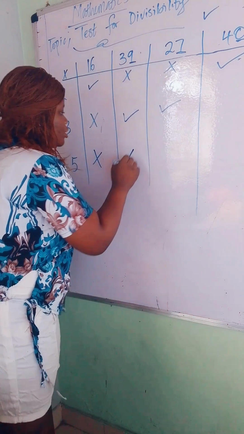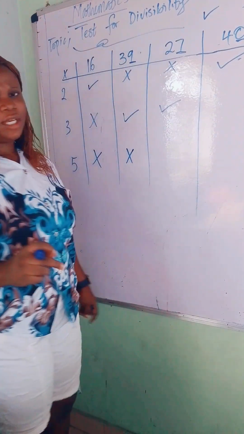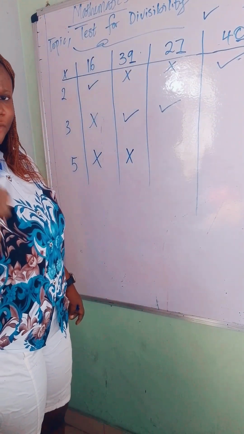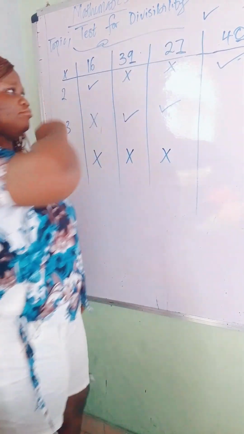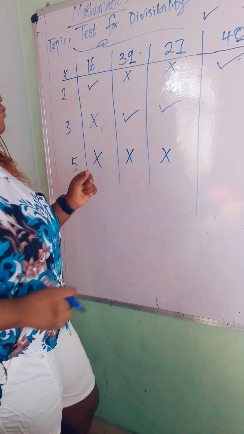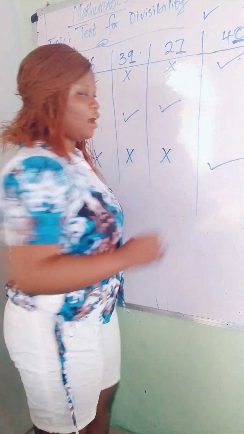No. We cross it out. It cannot be divisible by 5. What about 27? Does it end with 0 or 5? No. So we cross it out. 40. Can 40 be divisible by 5? Of course, yes, because it ends with 0. So we tick it.